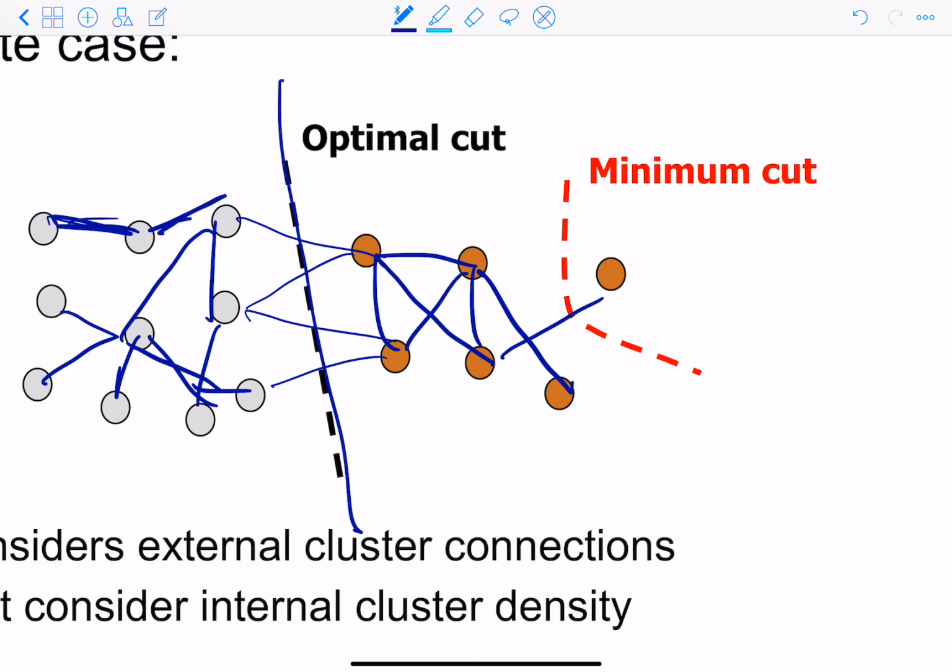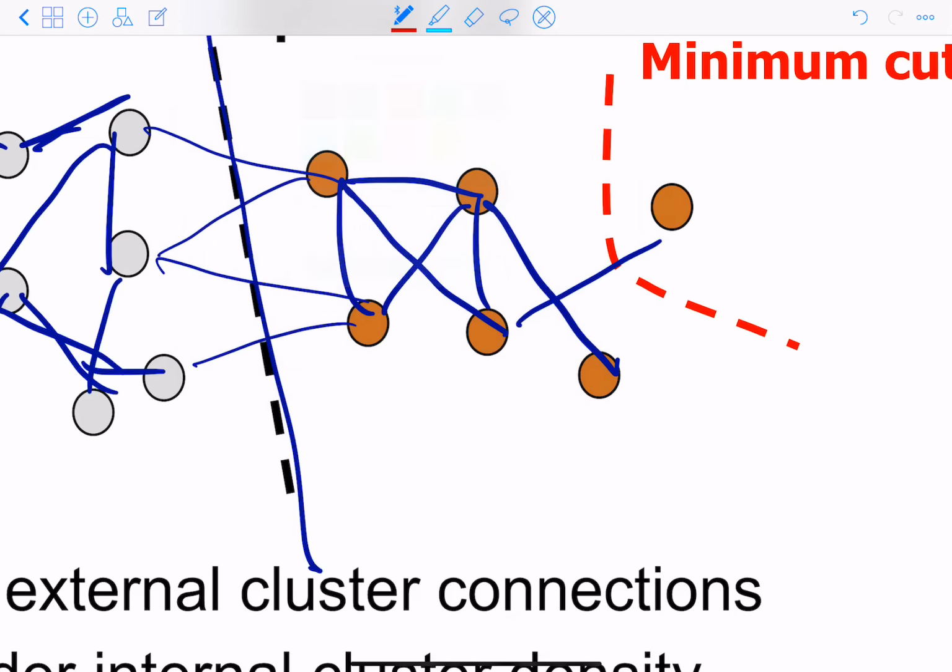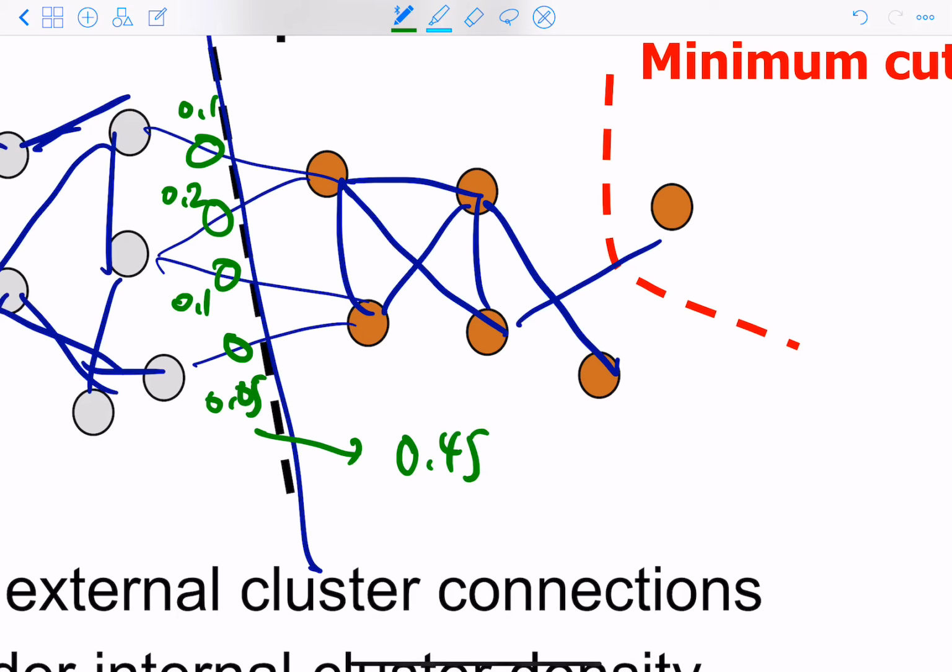But how many edges do we have over here? We have 1, 2, 3, 4. Although these edge weights are maybe 0.1, 0.2, 0.1, and 0.05, all small values, the cut measure will simply be the sum of them, right? And what is the sum? 0.3, 0.45. So this is the total cut that we had to sacrifice.